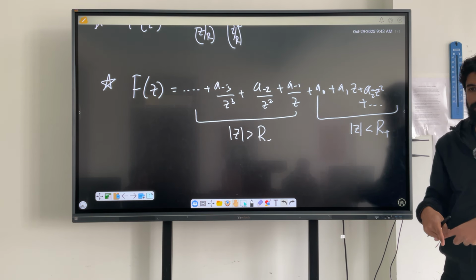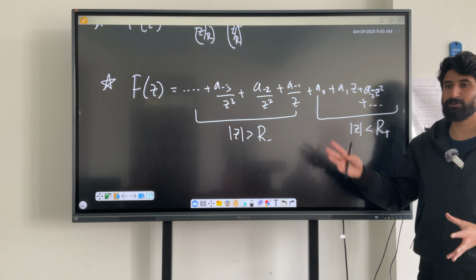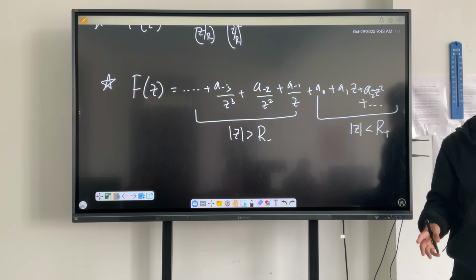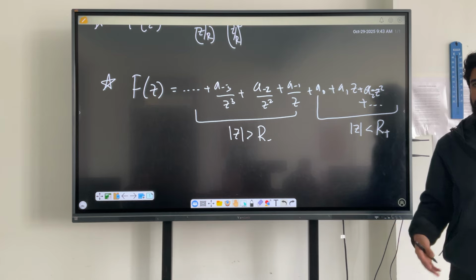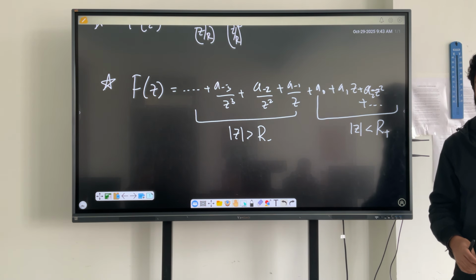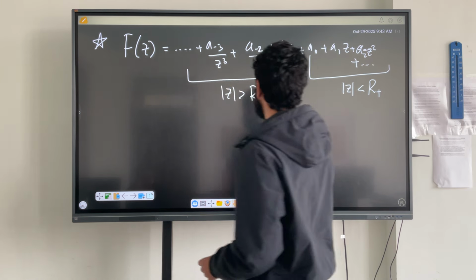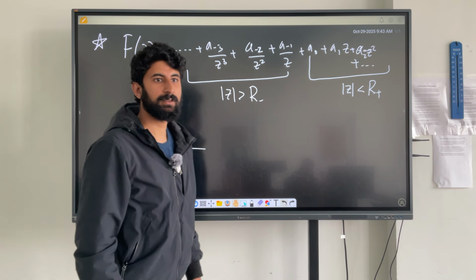When will you have a region where the series gives you finite answers? Because if you don't have such a region, then the series is pointless. It blows up everywhere. What do you think?